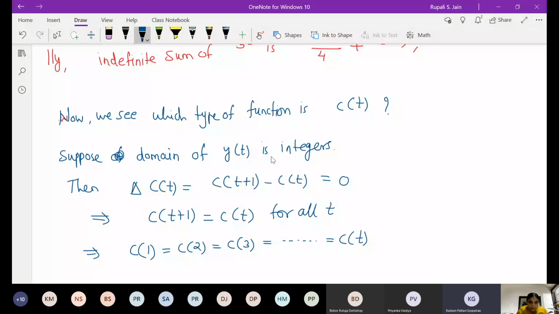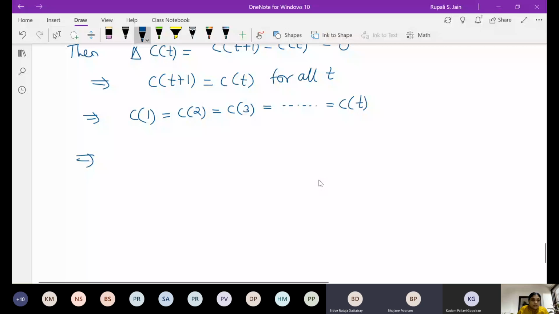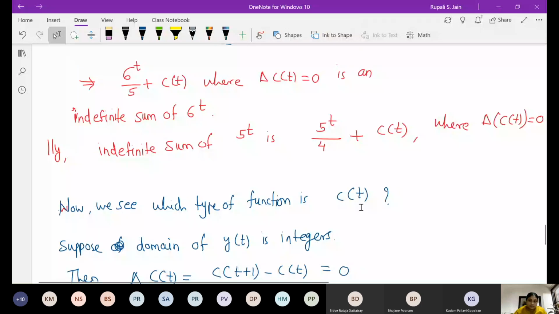What type of function should it be so that c of t plus 1 is equal to c of t for all t? It should be a constant function, right? So if it is integers, then my c of t reduces to just an arbitrary constant, like in integration. Is that okay? If it is integers or natural numbers.